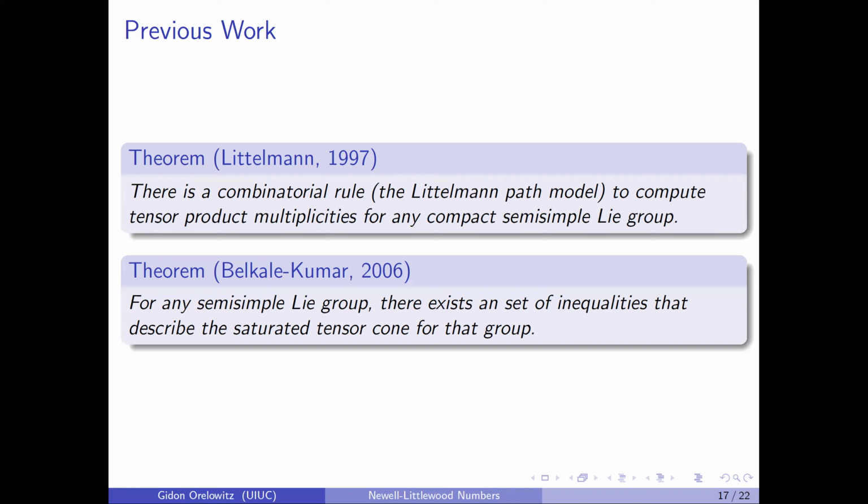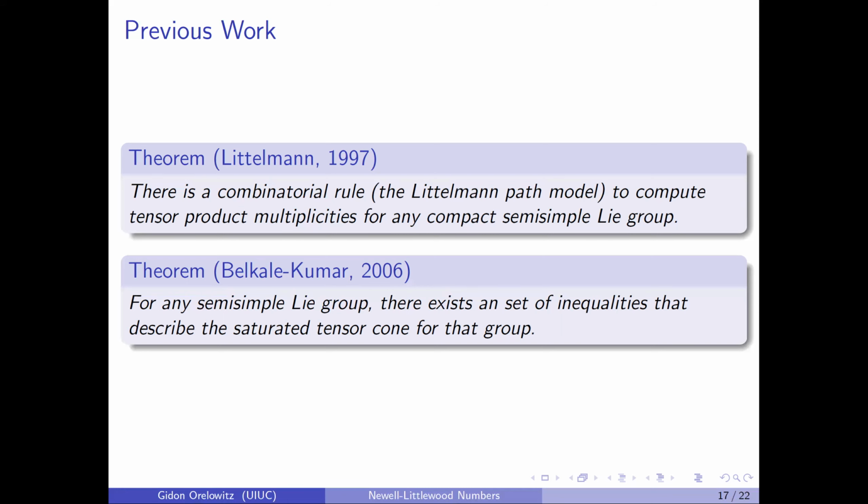So in order to compute the Newell-Littlewood numbers and whether or not you have a Newell-Littlewood triple, you need to know things that aren't the Newell-Littlewood number. You have to go outside the scope of the problem. So our version of the Horn inequality is entirely self-contained. Our work is based on this, but it does not follow immediately from it.